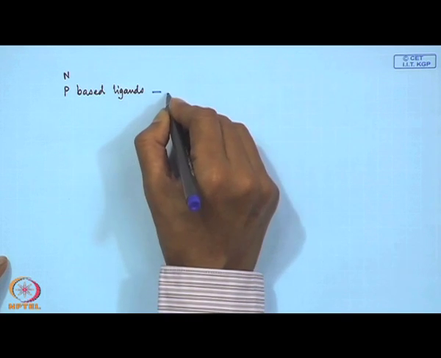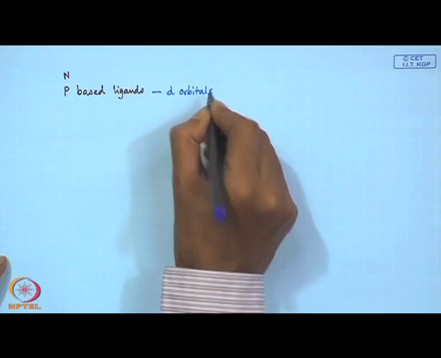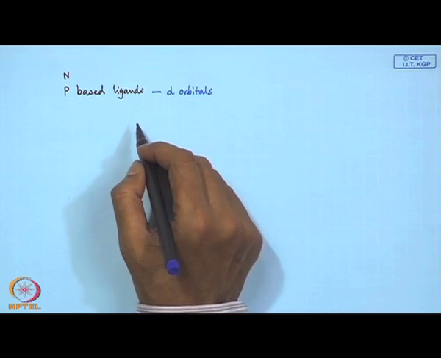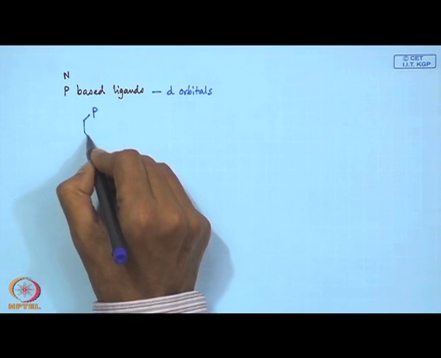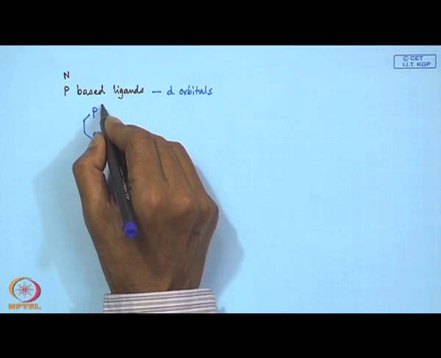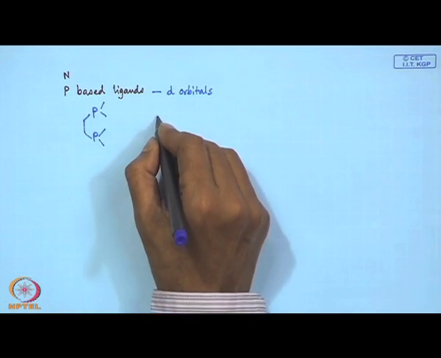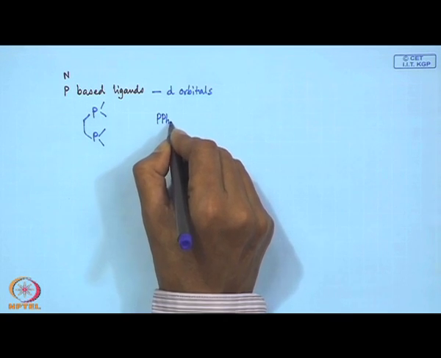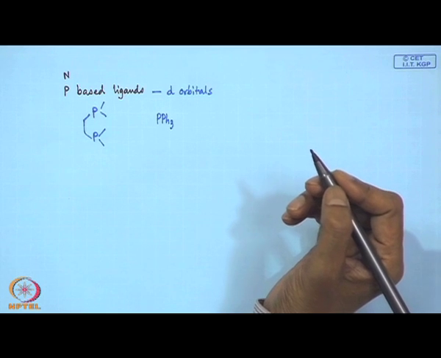So, they have these corresponding d orbitals. We all know some ethylene diamine type of ligand where we can have phosphorus with suitable substitutions, and one of the most important ligands is the triphenylphosphine ligand.